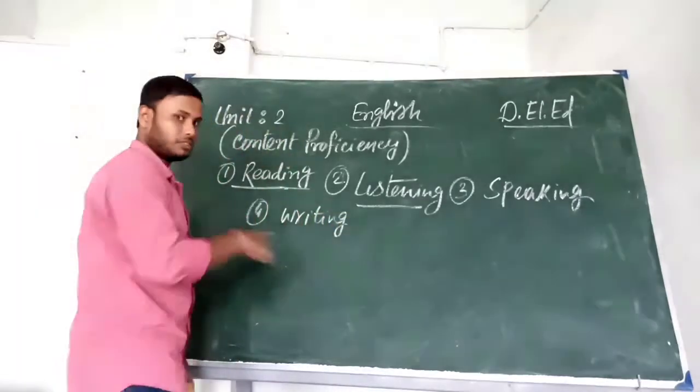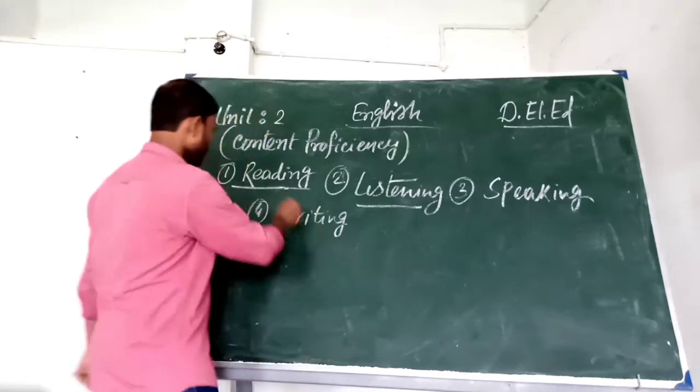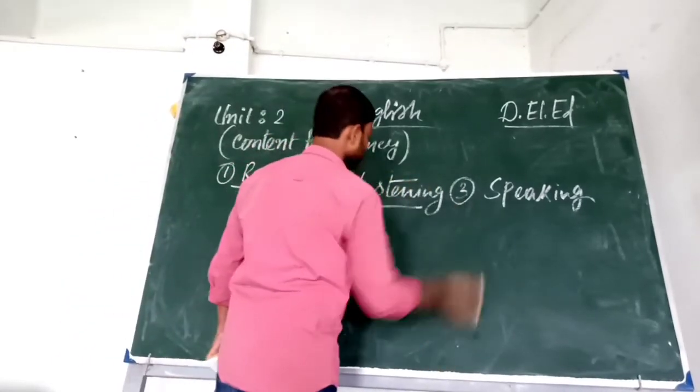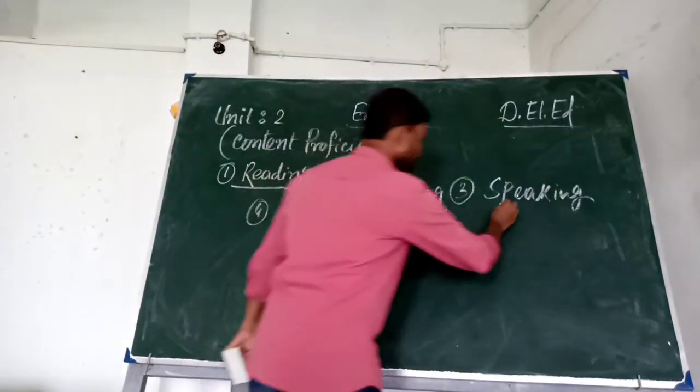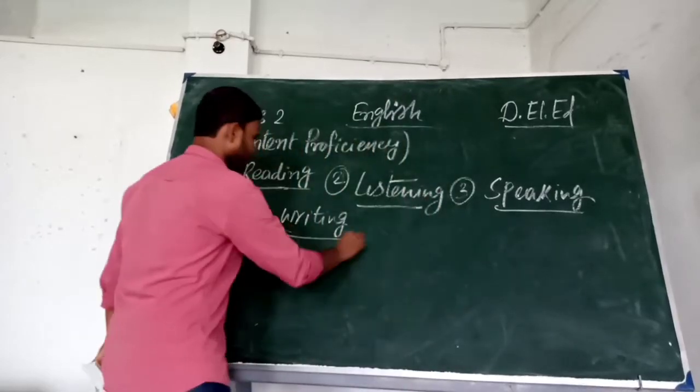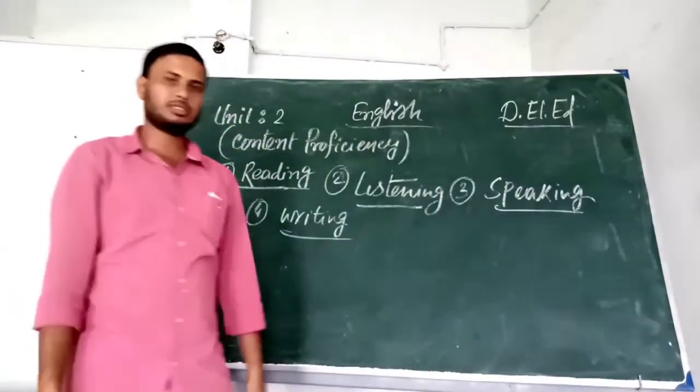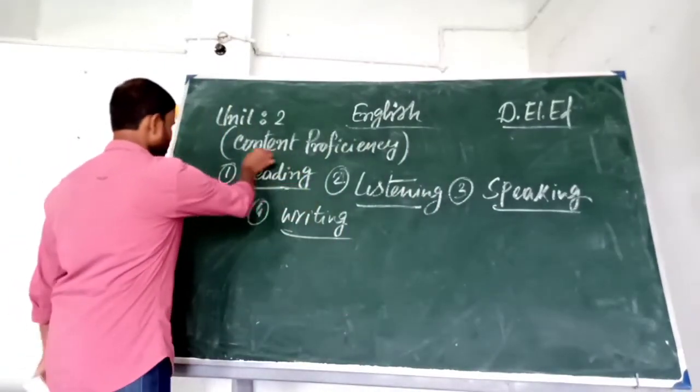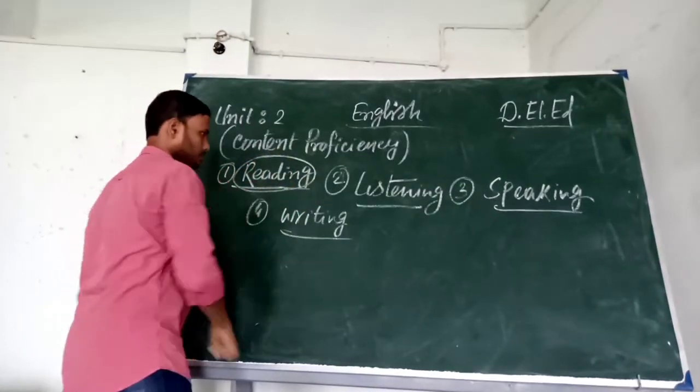These are the four skills: reading, listening, speaking, and writing. But today our discussion is about reading.